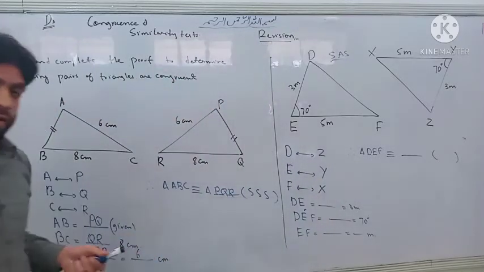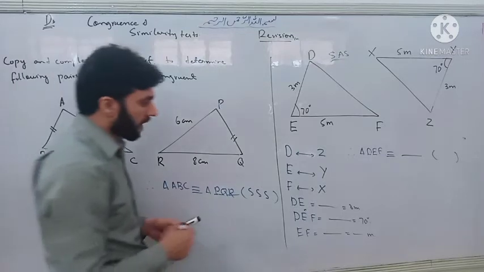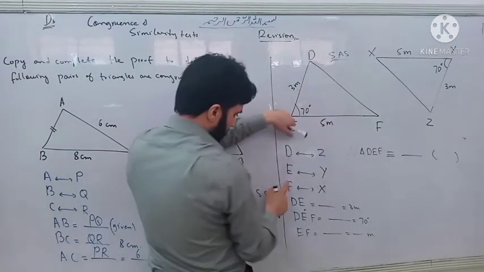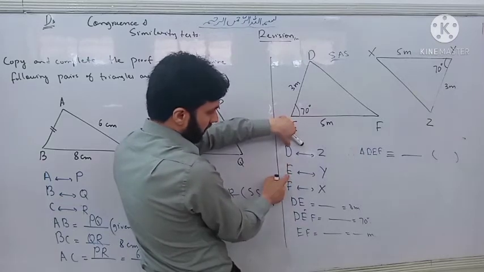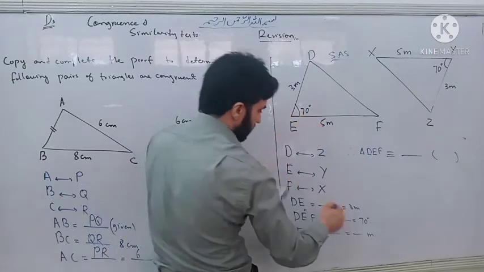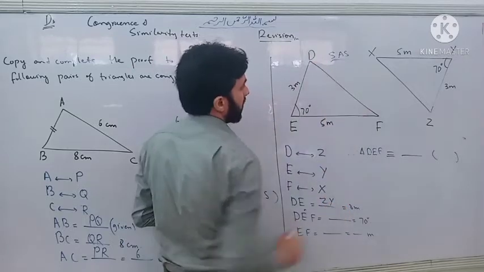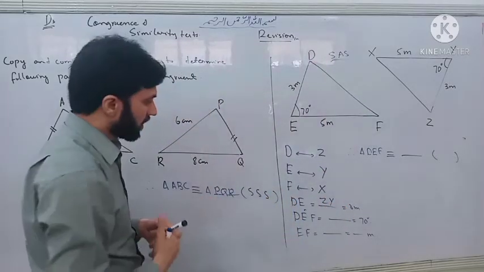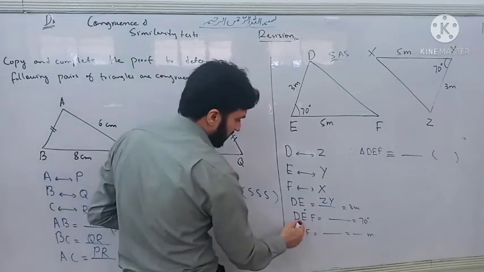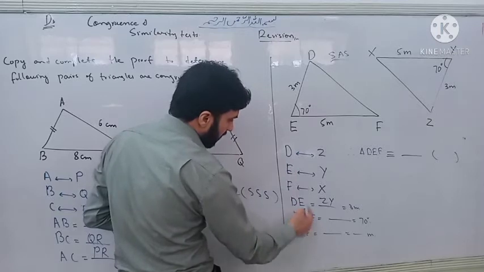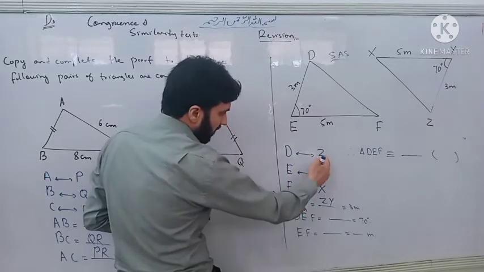Okay, so we have to now prove that DE, first, second, DE, then ZY 3, DE 3, ZY 3, right? Then DEF, the angle is in the middle. DEF, first, second, third.